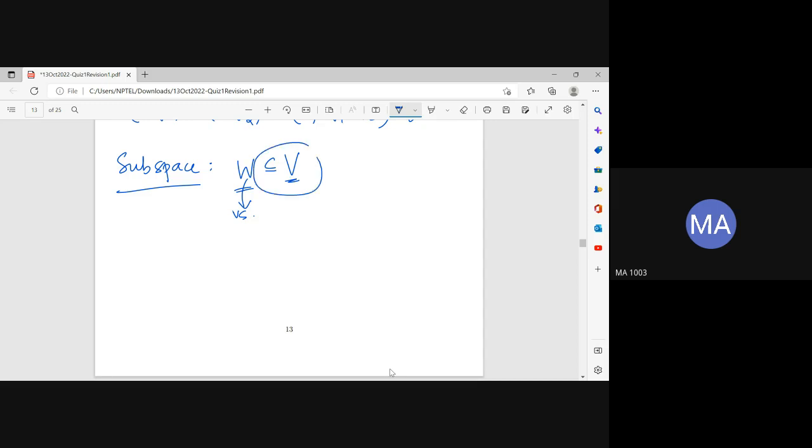Because of this, out of the 10 conditions, you just need to check 3 conditions. One is whether 0 belongs to W, then whether it is closed under addition, and the third is whether it is closed under scalar multiplication. If these 3 conditions are satisfied, then you can say that W is a subspace of the vector space V. It should be with the same addition and same scalar multiplication that is defined on V, not a different addition or different scalar multiplication.